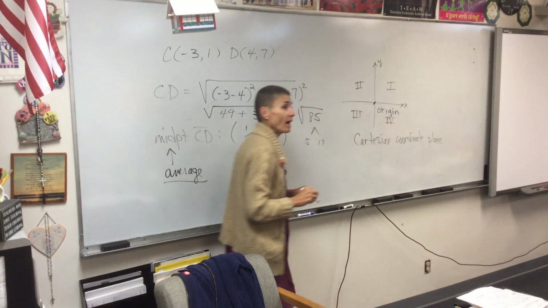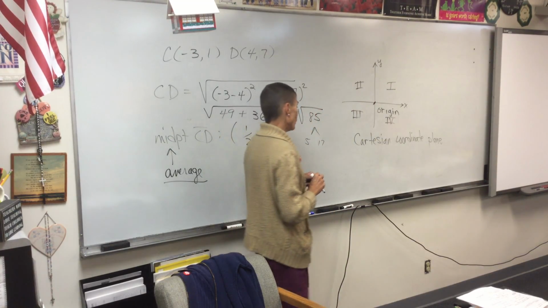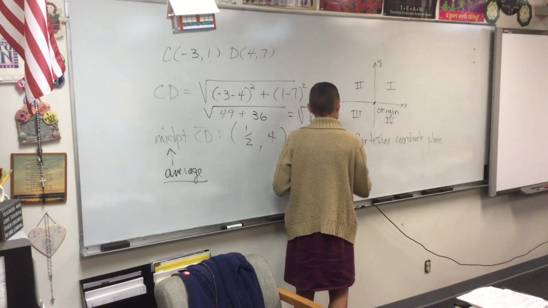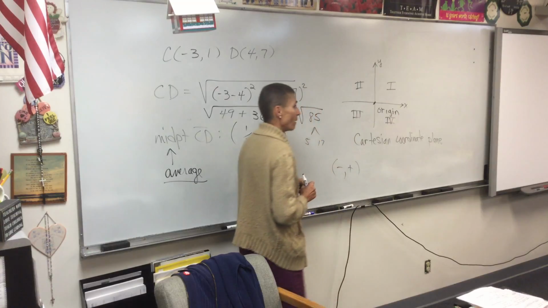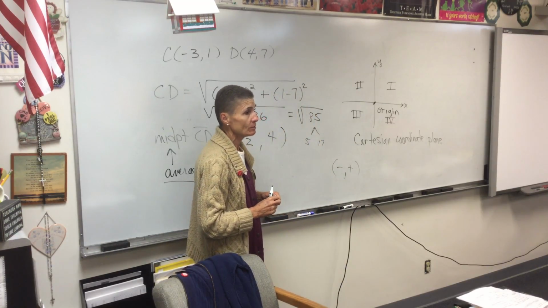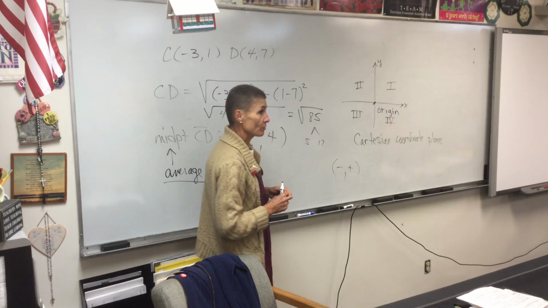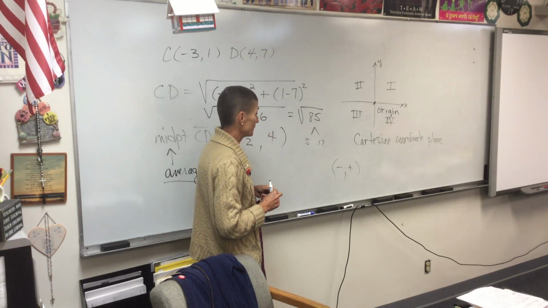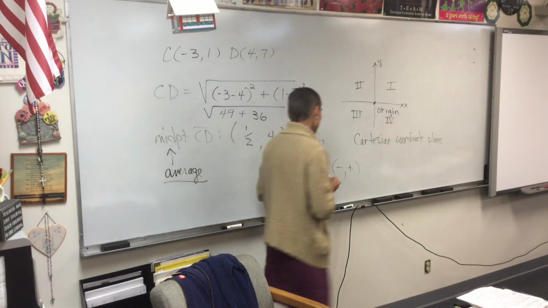So if I were to say to you, in which quadrant is a point whose x is negative and whose y is positive? You would say that's quadrant 2. Exactly. Everybody okay with that? All right.